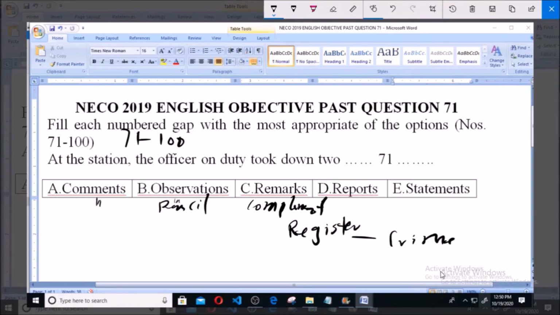So what you write is called statement, or what they take down from the complainant or from the accused is statement. So they always say, come and put down statement. So with this analysis, option E is correct. So you can now say that at the station, the officer on duty took down 2 statements. So option E is correct.